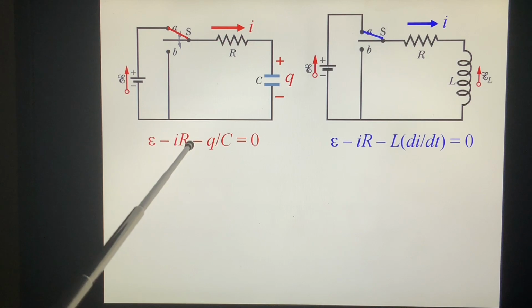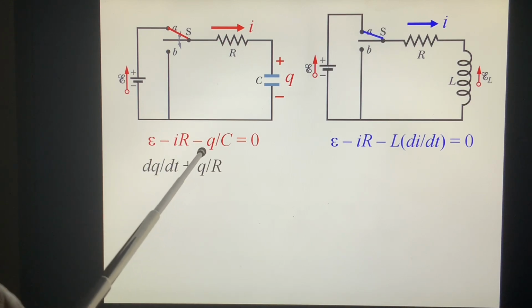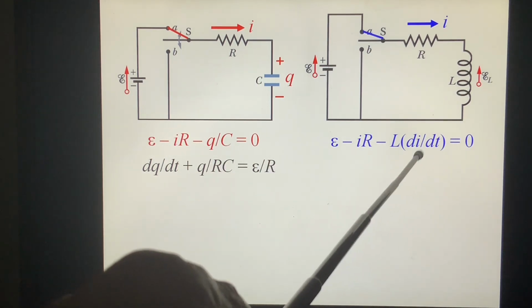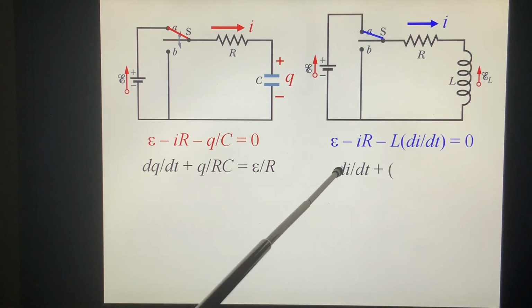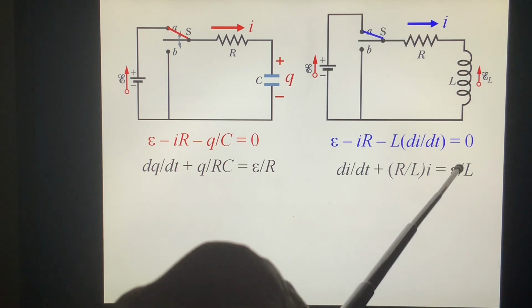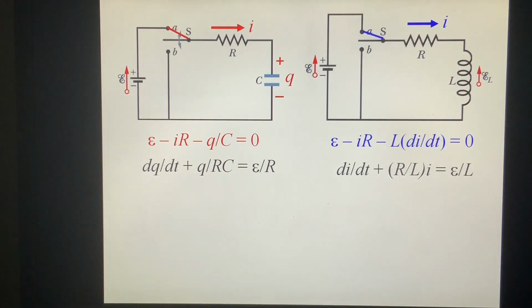So we rewrite this one. dQ/dt plus Q over RC equals epsilon over R. And this one is dI/dt plus R over L times I equals epsilon over L. They're very similar, only the difference is the sign, okay?